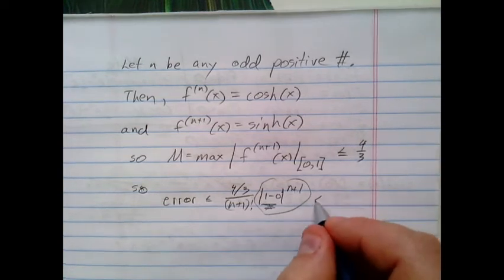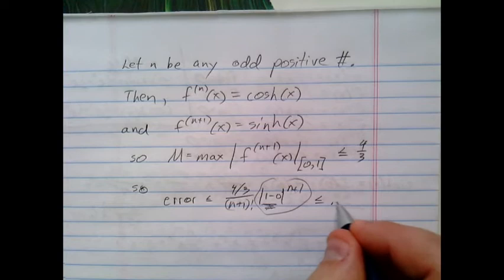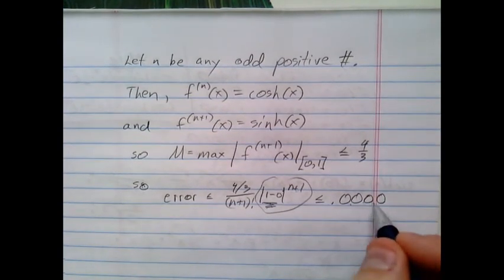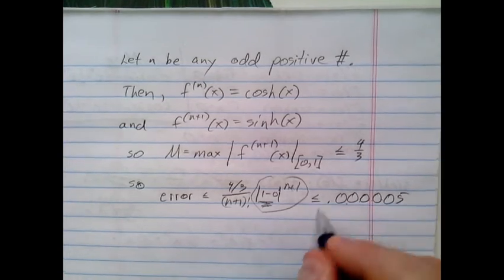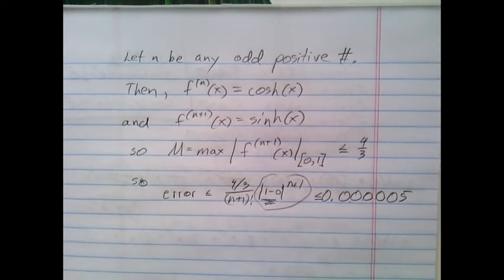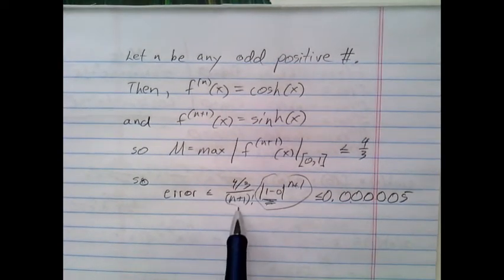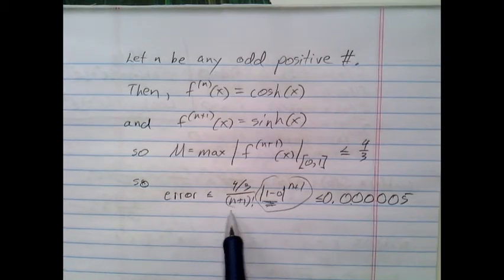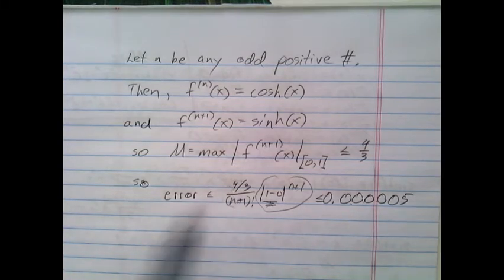I want that to be less than 0.000005, that's 5 zeros and a 5. Now, because of the factorial, I pretty much have to do this by guessing and checking, plugging in numbers for n. The good news is, because we have a factorial in the denominator, this fraction should shrink pretty quickly.